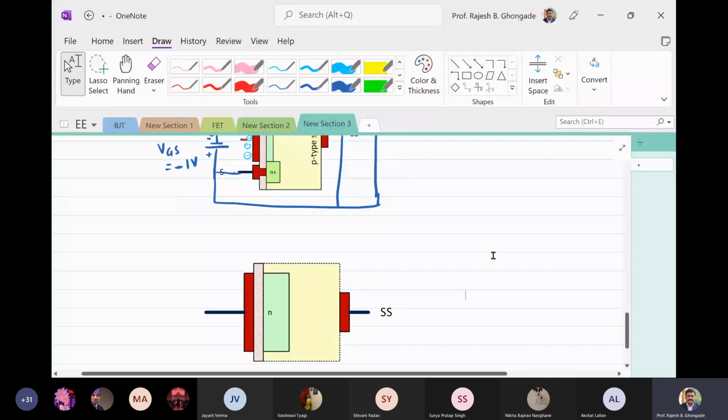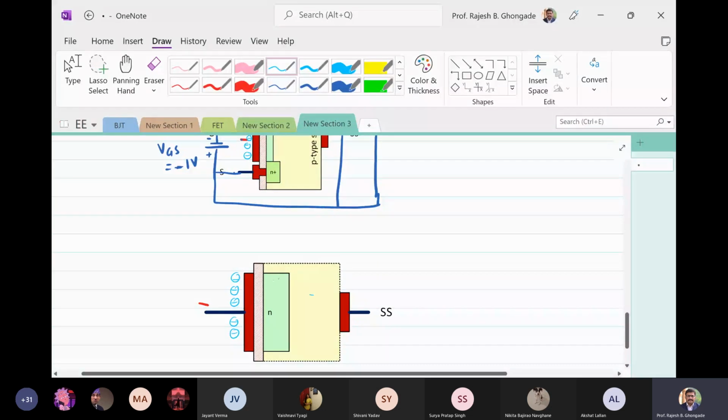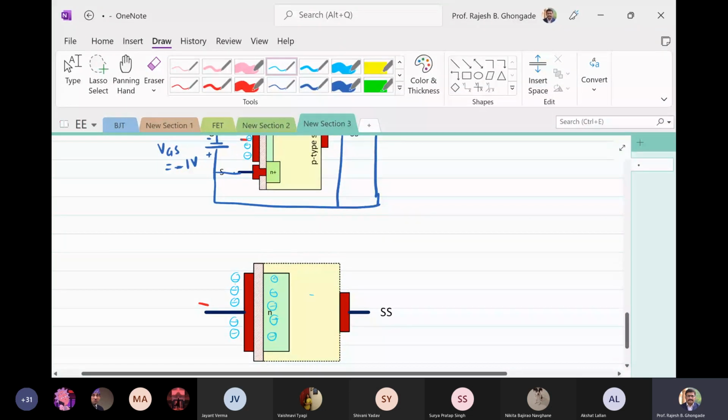So this is negative, so you have all electrons over here, I mean negative charges over here. Now, whatever electrons were here earlier, because of this influence, what will happen?